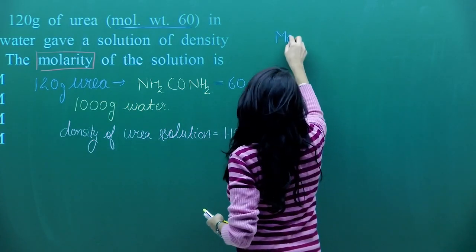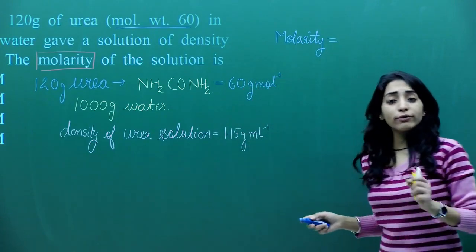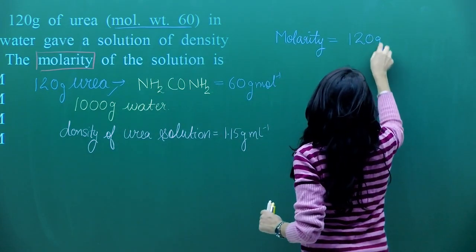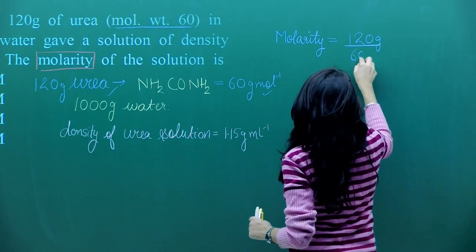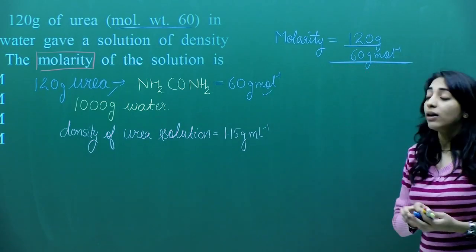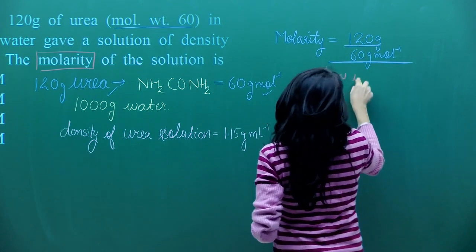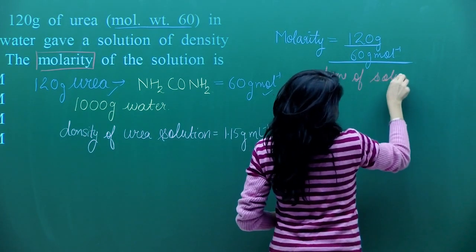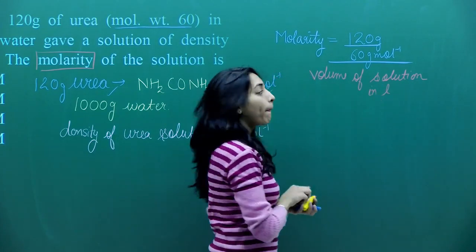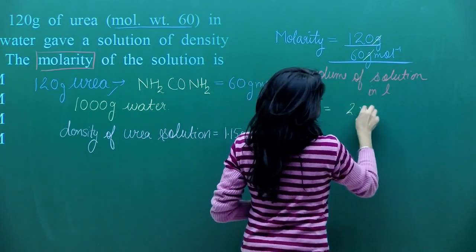So molarity is equal to the number of moles of solute, which is how much? 120 grams, by the molar mass, the whole to be divided by the volume of solution in liters. Write it completely.